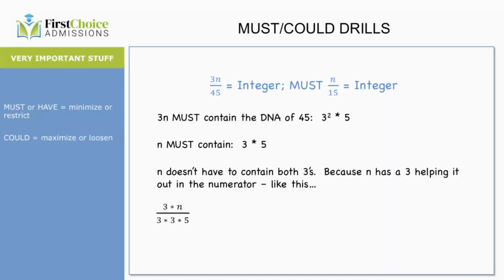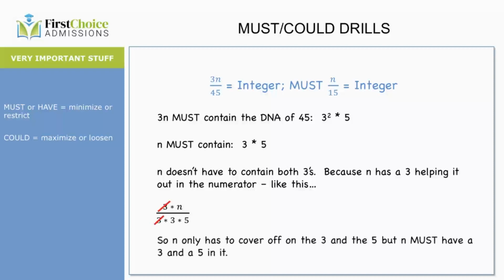So in the numerator, we have 3 times n, and then in the denominator, we have 3 times 3 times 5, which is 45. Well, 3's cancel. Now the n alone has to cover off on the 3 and the 5. That means n must have a 3 and a 5 in it.